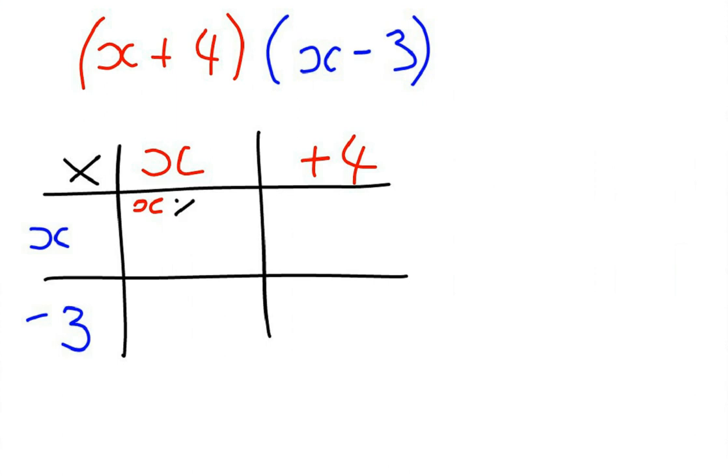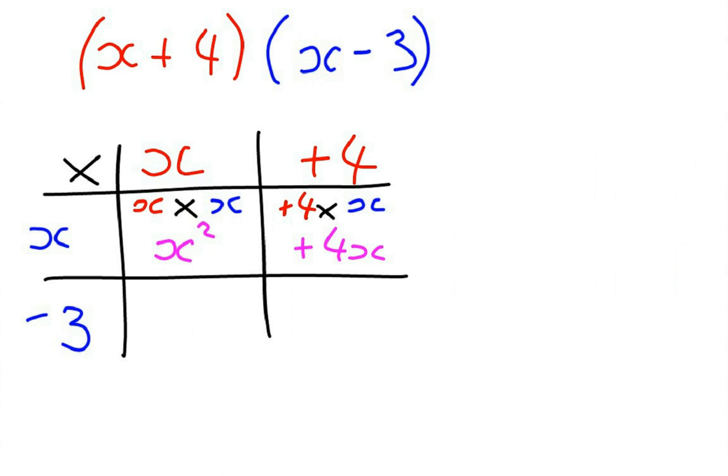In the top left box, it's going to be the x multiplied by the x. That is going to give me x squared. In the top right hand box we are going to write positive 4, and we're going to multiply that by x. Positive 4 times x gives me plus 4x.